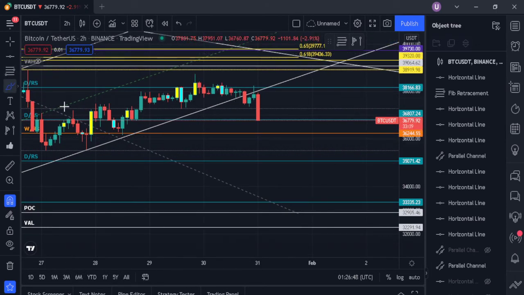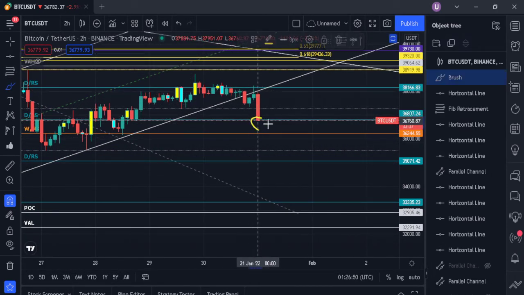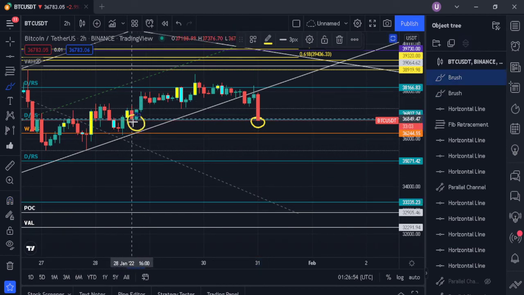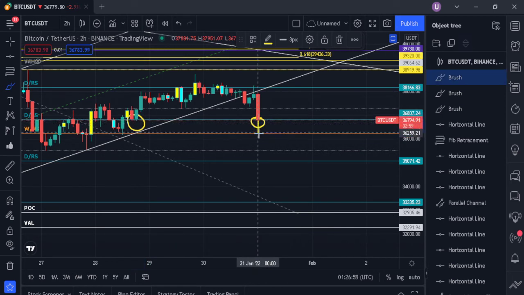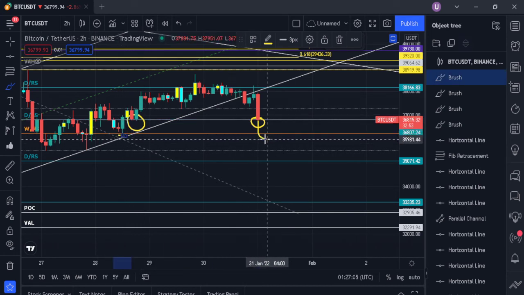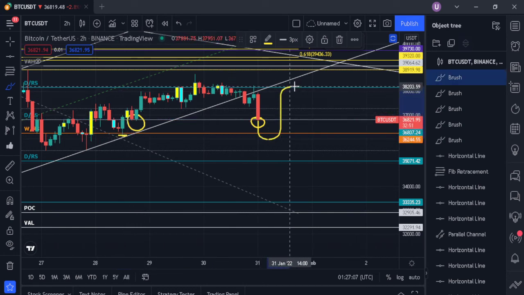Let's see if here we will see a swing failure pattern of the previous lows. But I would personally wait a little bit more. Maybe we get down to 36,200, break this low, and then pump it, and I'll be collecting around this area.